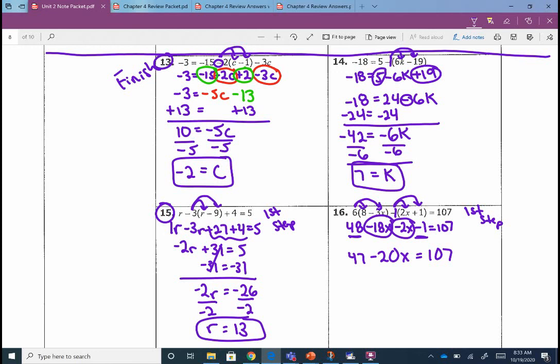Now, I wrote this one this way on purpose because this is the type of two-step that some of us get stuck on. Because we have to move the 47 first, but there's not an addition or a subtraction in front of it. So sometimes it's hard for us to think about that inverse or that opposite. The 47's positive. So how am I going to move that positive 47?